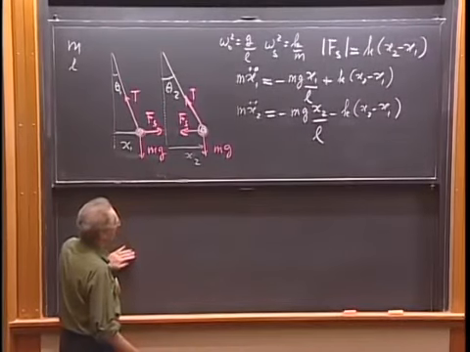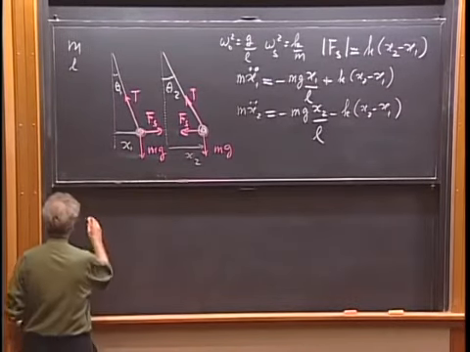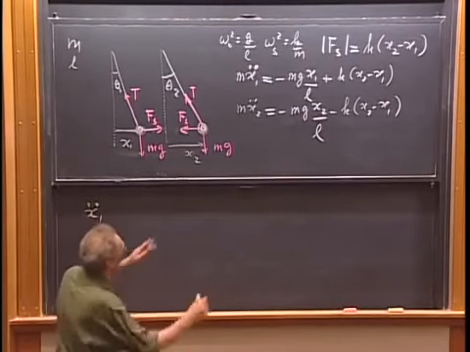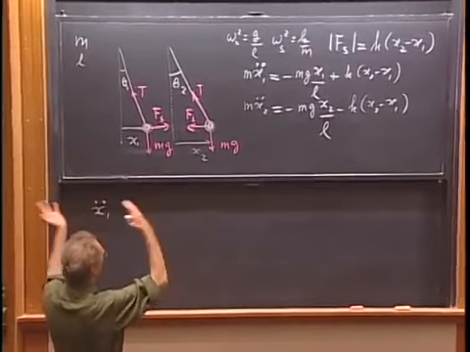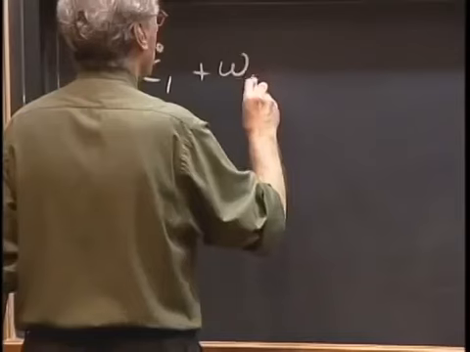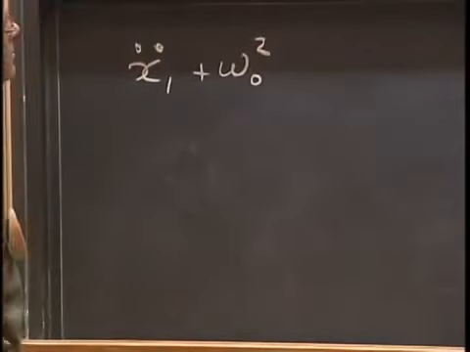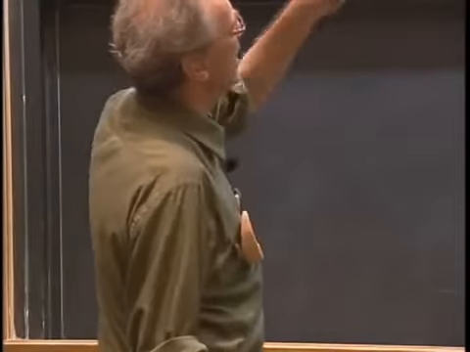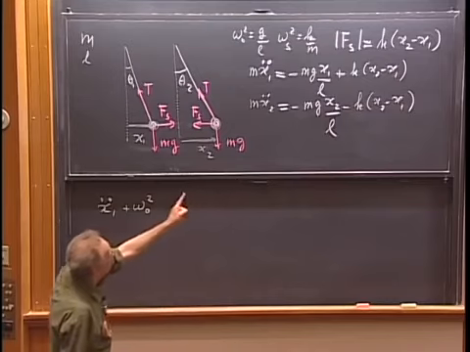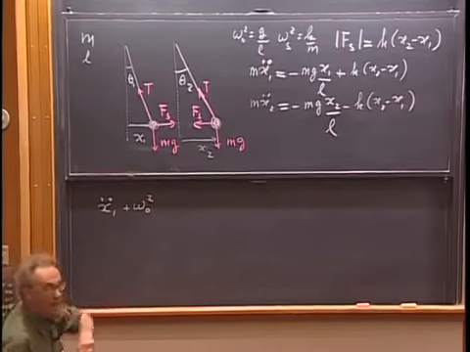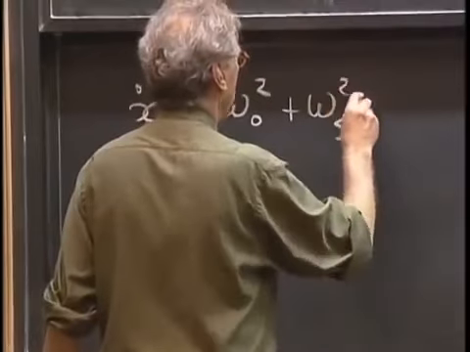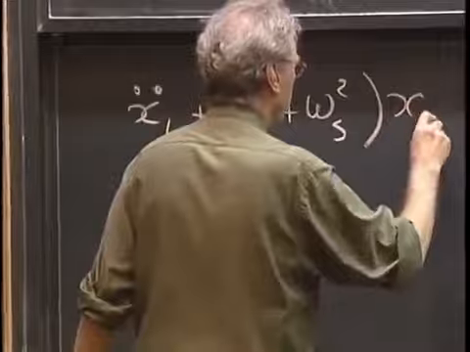So I'm going to divide m out, and so I'm going to get x1 double dot, and then I'm going to bring the x1s to the left, and so I get plus omega 0 squared times x1, but you have a minus k x1, you divide by m, so you get plus omega s squared, and that's both times x1.